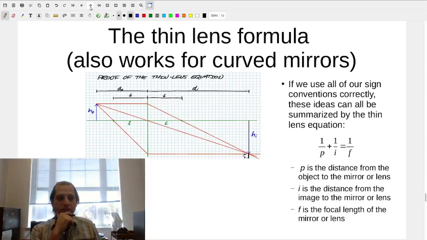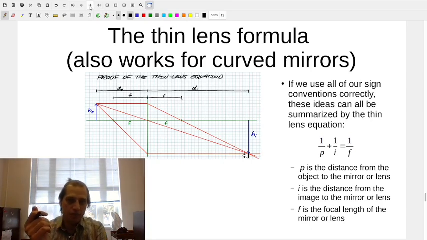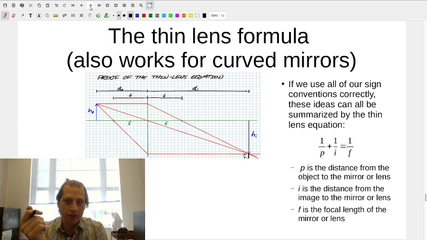Now, it turns out there is a quite nice relationship for these different distances and focal lengths.